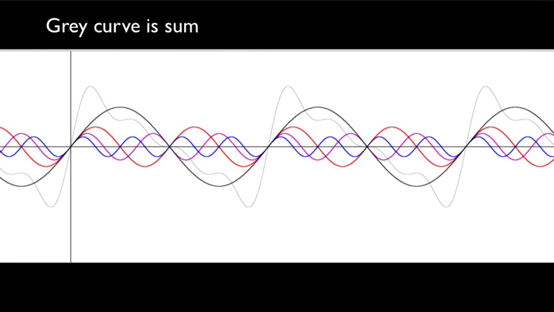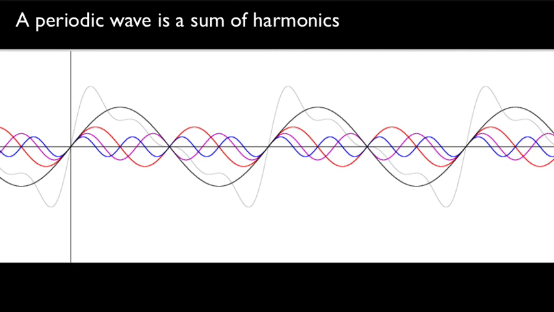It tells us that the sum of vibrations in the harmonic series is a periodic vibration, a vibration that is repeated in time. The converse of that is also true, but it's rather harder to show. It's also true that periodic oscillations can always be written down as a sum of members of the harmonic series, F1, 2F1, 3F1, and so forth.